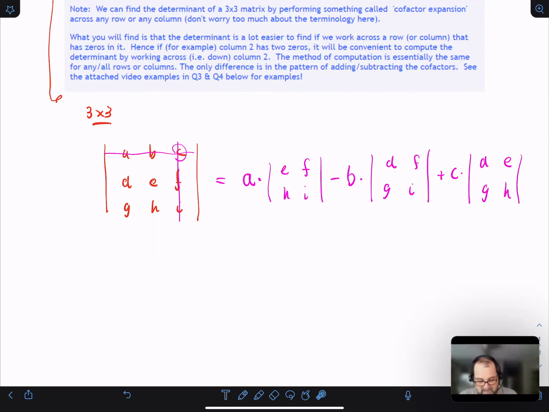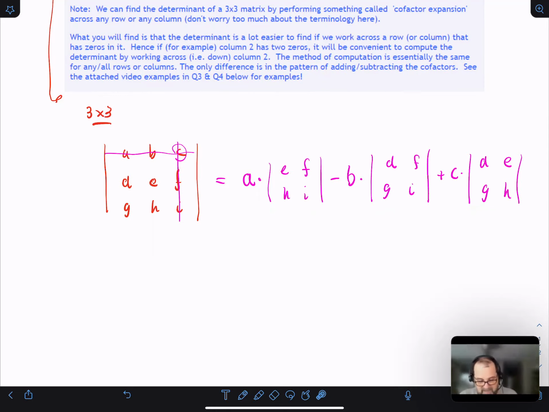So I would start with a B. Now, a little secret here, we would start now with a minus B. You kind of think of it as the position here. So you're thinking in your mind that the positions go plus, minus, plus, and then minus, plus, minus, and then plus, minus, plus.